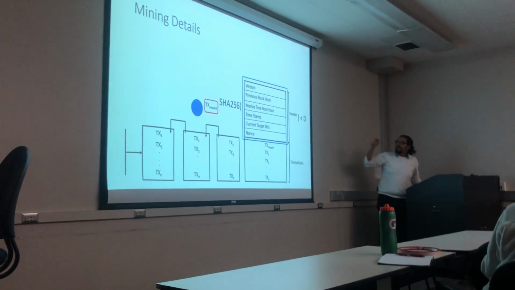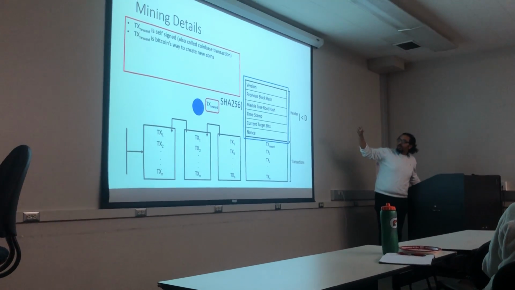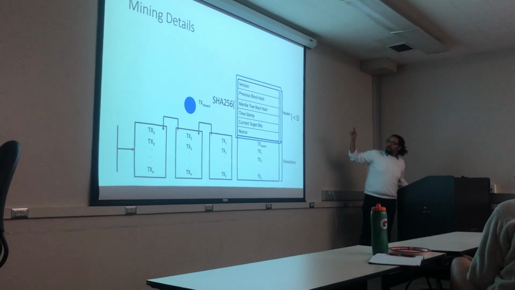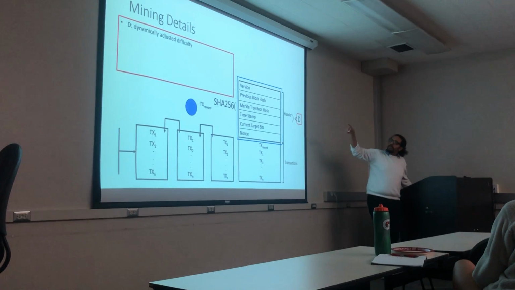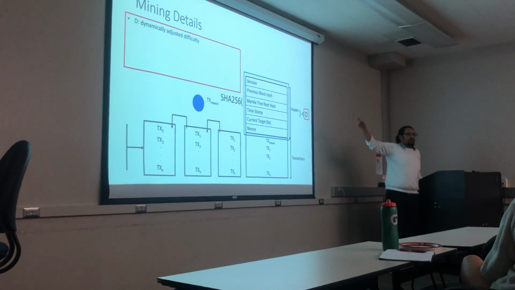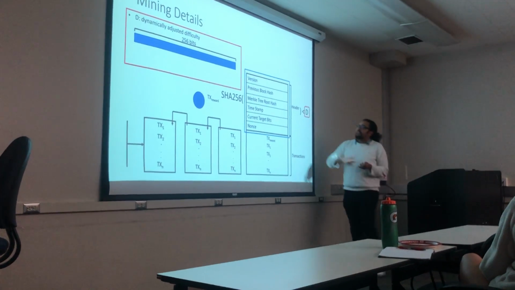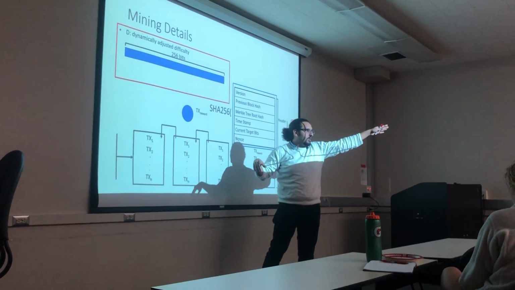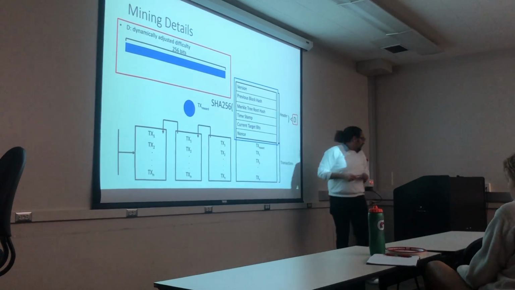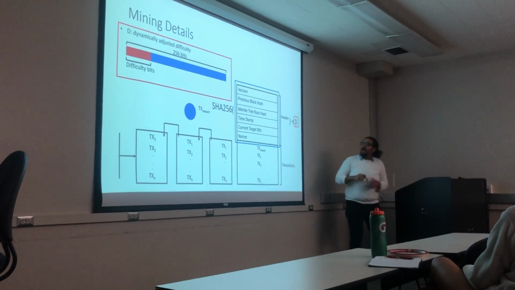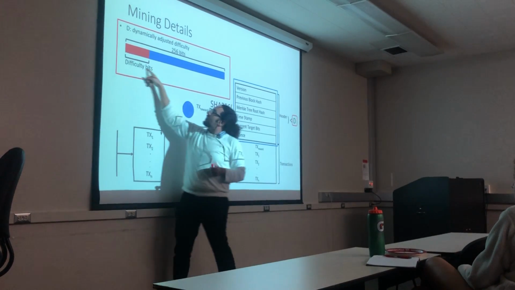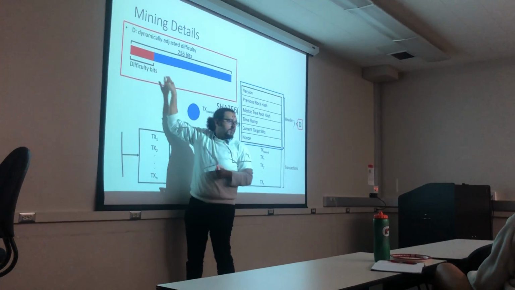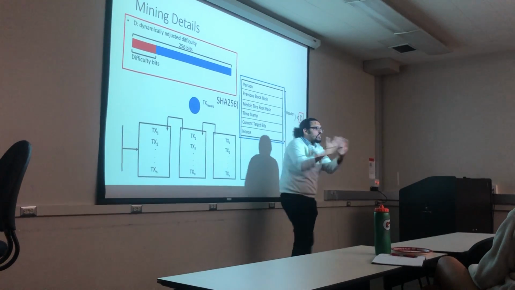Now D determines how many... let me jump a little and then I'll get back. This is what we call dynamically adjusted difficulty. Think about it as 256 bits, like the 999 in this example. Every time I add a 0, or say that the difficulty bits are 10 or 20, every time you increase the number of difficulty bits, the problem exponentially gets harder.